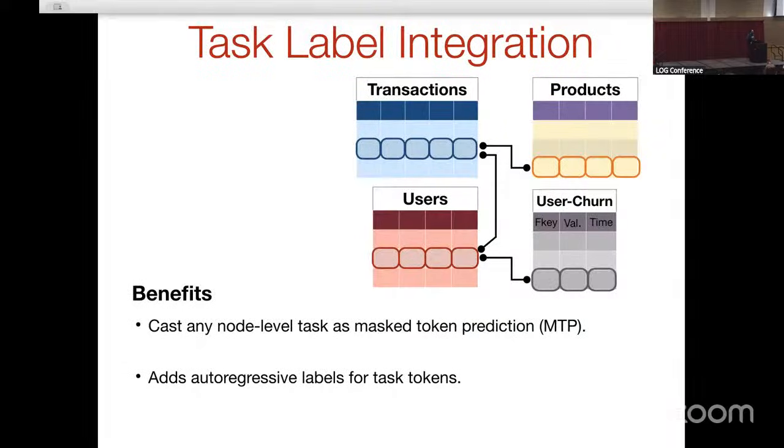And the second and very important thing is that by doing that, we add auto-regressive labels for task tokens, meaning I have a token for a particular user, and I have information about this particular user from the past, maybe the user was active in January, inactive in February, active in March, and so on. We can leverage all this information during prediction time.